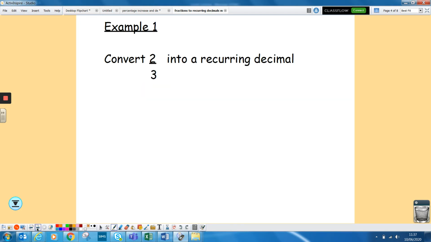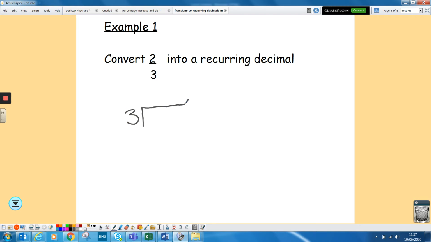So convert 2/3 into a recurring decimal. Big thing to remember is what this line here means in a fraction. Remember that means divide. So we're doing 2 divided by 3. Your first step is to write that out. You've got 3.